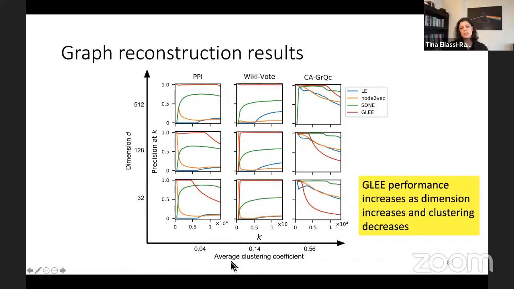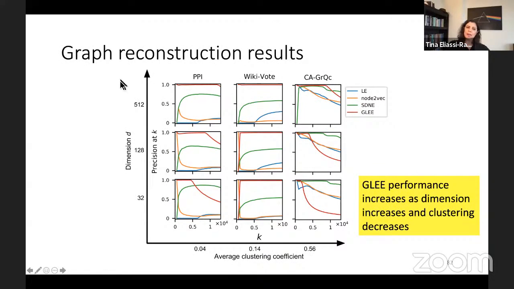Average clustering coefficient is computed as follows. For every node, you look at the number of triangles around the node over the possible number of triangles that node can have, and then you go through all the nodes in your graph and you take the average of it. And so you see here that in a peer-to-peer network, it's very low average clustering coefficient, versus in a co-authorship network, it's very high.